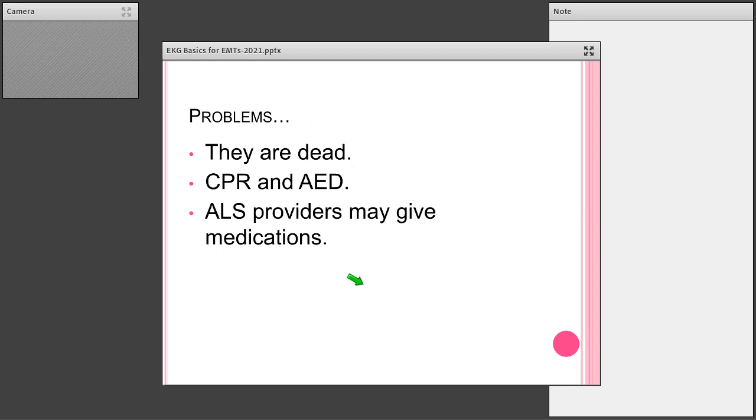So ALS providers, depending on their guidelines, may give medications for this. Some guidelines don't recommend cardiac medications anymore. So it depends on guidelines as to medications or not.